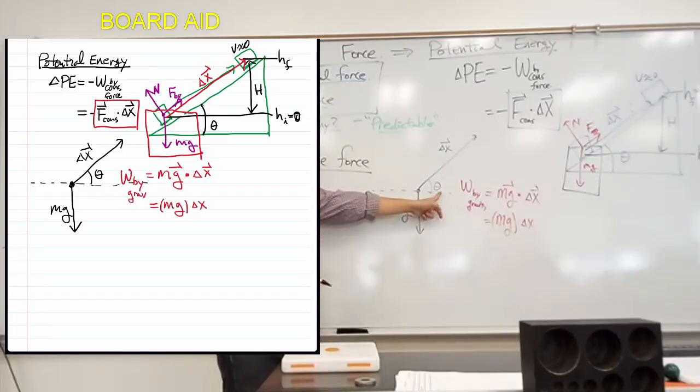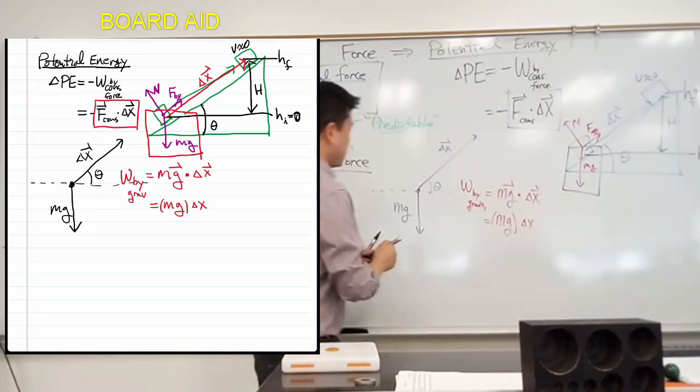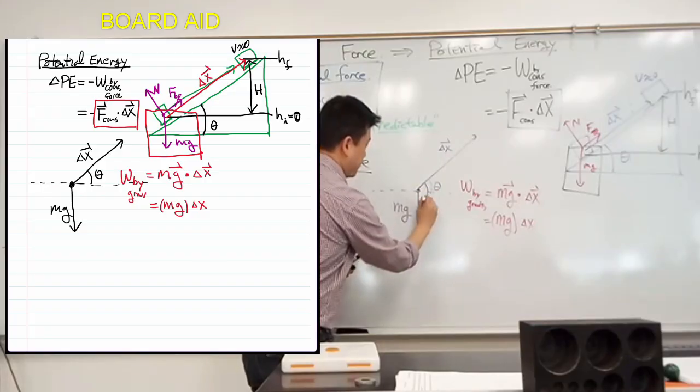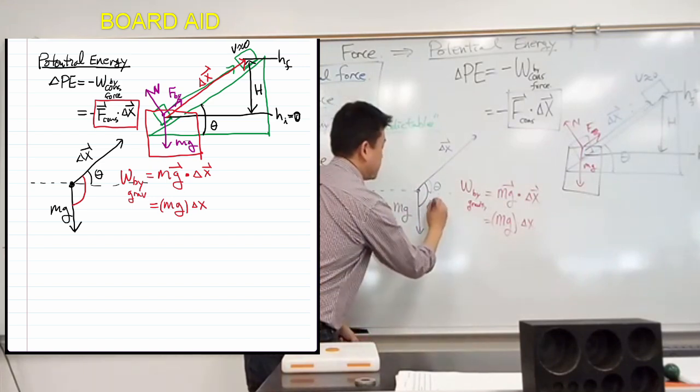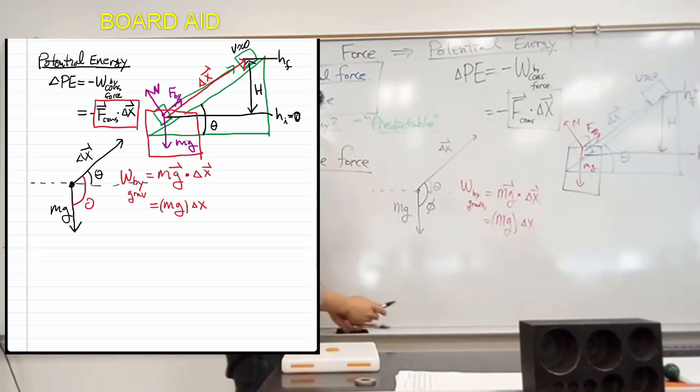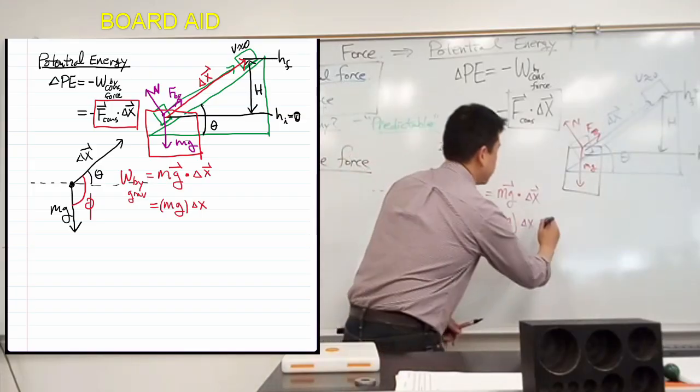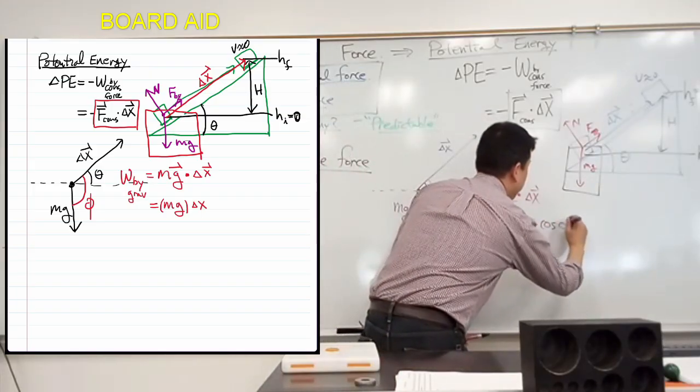Is it this theta that it's talking about or a different angle? Different angle, right? It's talking about the angle between the two vectors. So let me use a different symbol for this, phi. So it's mg delta x times cosine of phi.